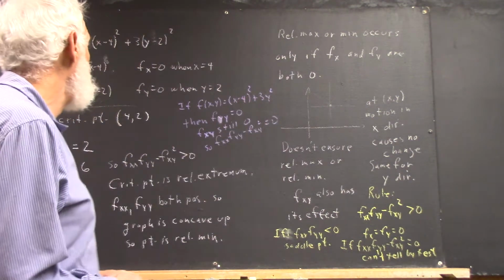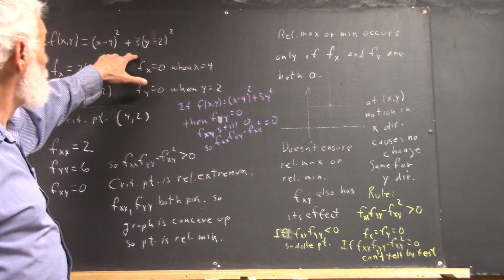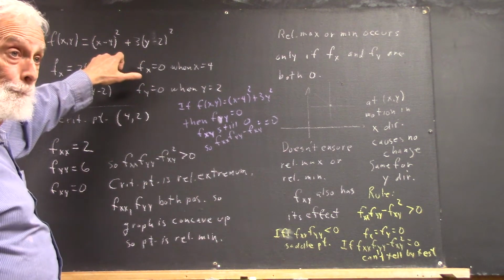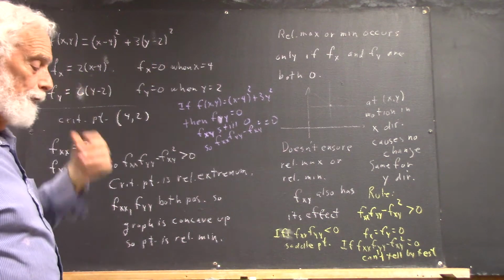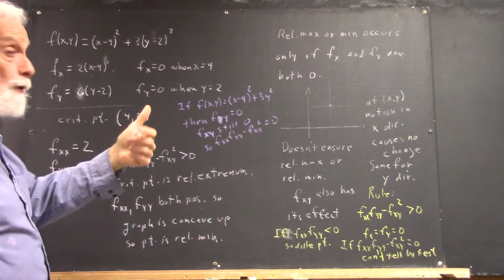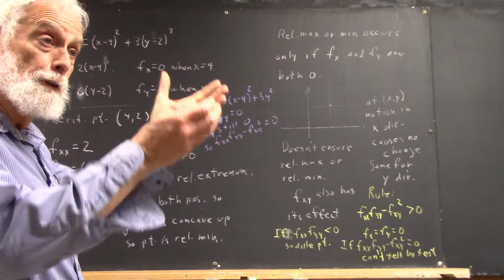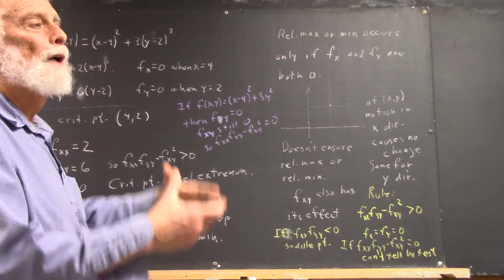Well, if you think about it, though, this one definitely has a critical point at 2, 4. Okay? Matter of fact, it's easy to see that this is just a translated x squared plus 3y squared. That's an ellipsoid. Okay? An elliptical paraboloid, I mean.